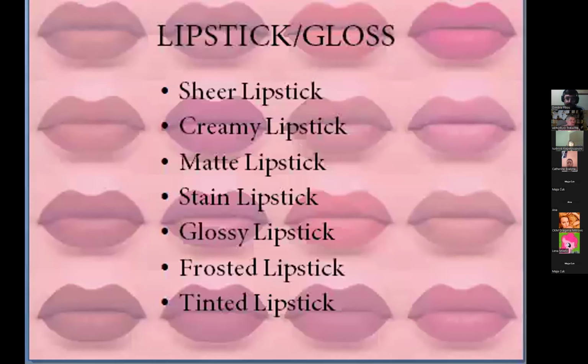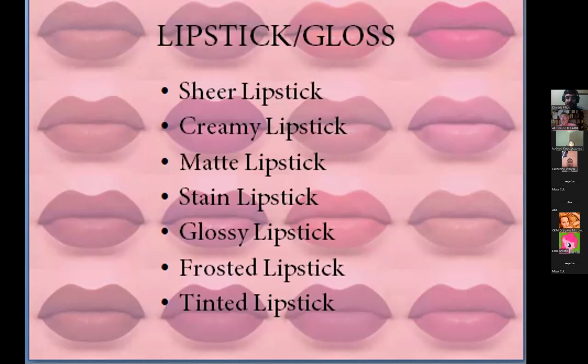And finally, we go to lipsticks, where we have sheer lipstick, creamy lipstick, matte lipstick, stain lipstick, glossy lipstick, frosted lipstick, and tinted lipstick. Sheer lipstick, to be precise, is a type of lipstick that is very lightly pigmented.